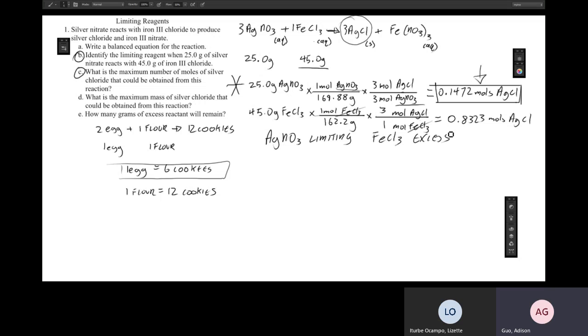So we could never reach this amount, which is the maximum if we had this much of the other reactant. So this tells us that our limiting reactant tells us the maximum amount that we can create. So this would be C, which I'll just write in total.